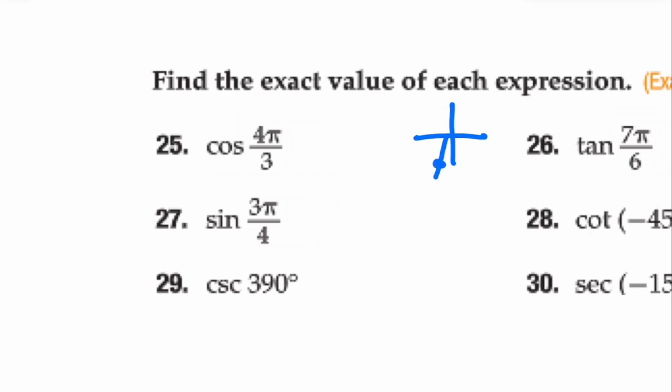So you can label that as 240 if you want. And then I want you to label the point. So that is negative square root of 3 over 2, negative 1/2. And then answer the actual question. The question would be our cosine, which is the x value. So that would be negative square root of 3 over 2.